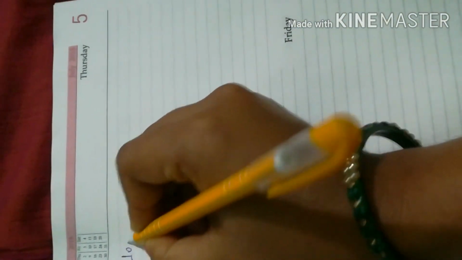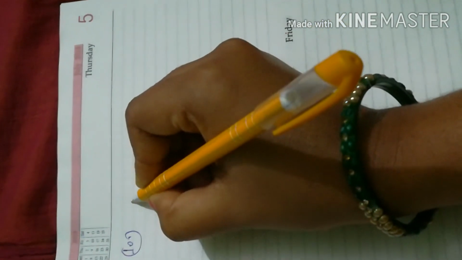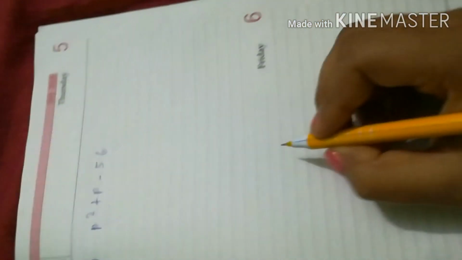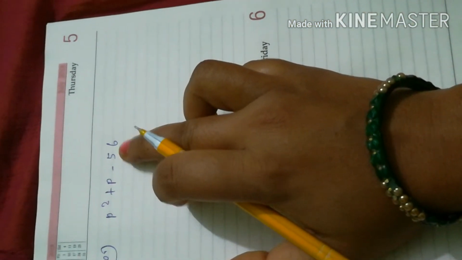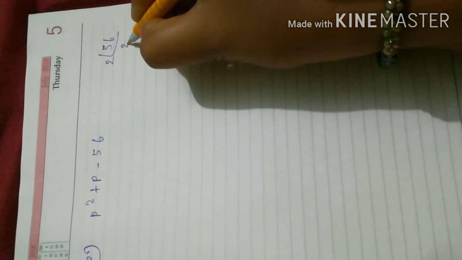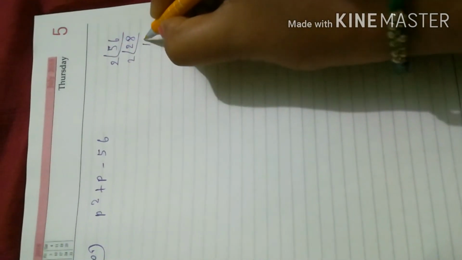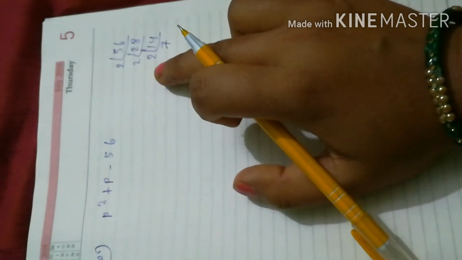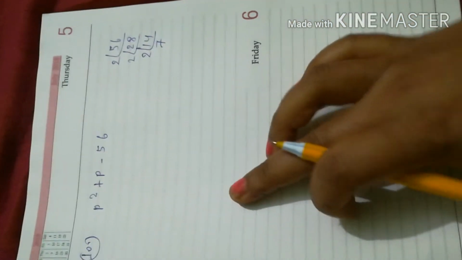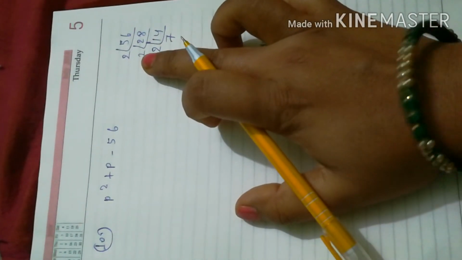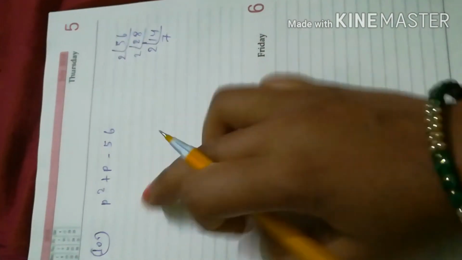Question number 10 is p square plus p minus 56. Now we will multiply 56 into 1, then we will get 56. 28 2s are 56, 14 2s are 28. Now how can we get 2 2s are 4, 4 2s are 8. 7 8s are 56, and if we subtract 8p minus 7p, then we will get p.